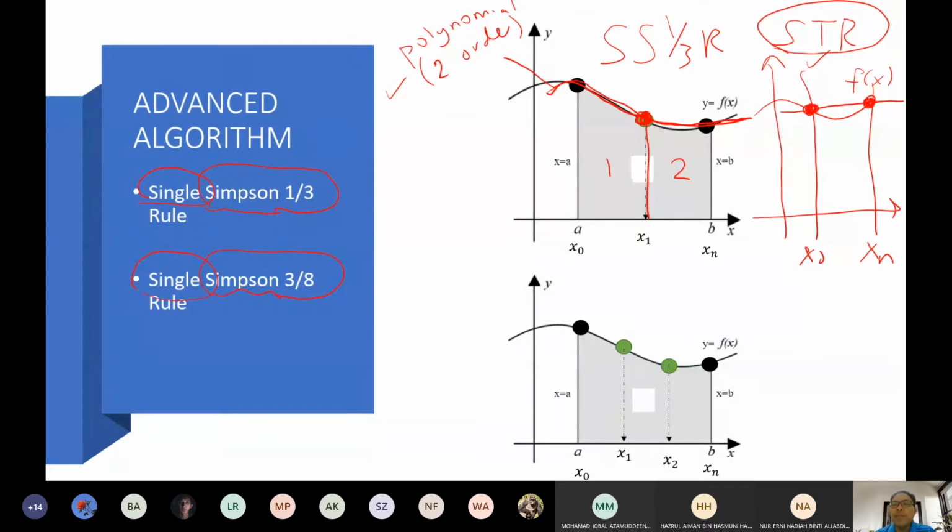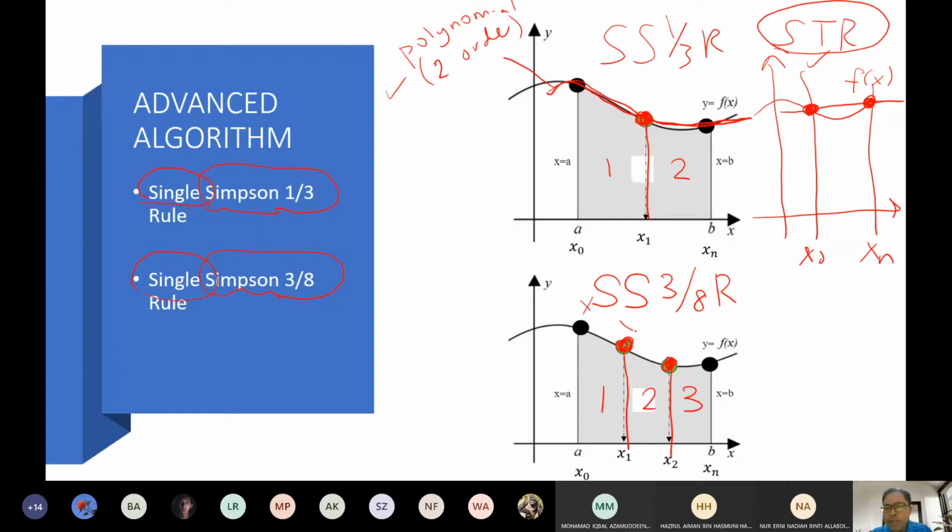In order to improve single Simpson 1/3 rule, Simpson also developed another method called single Simpson 3/8 rule, where he adds 2 interior points on the same area so that those points will divide the area equally into 3 divisions.